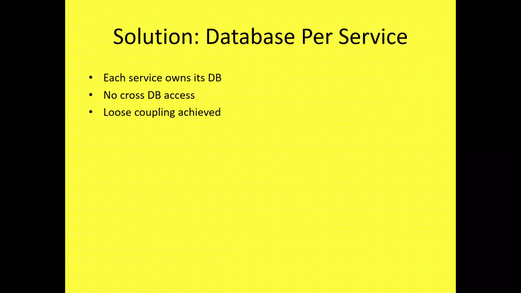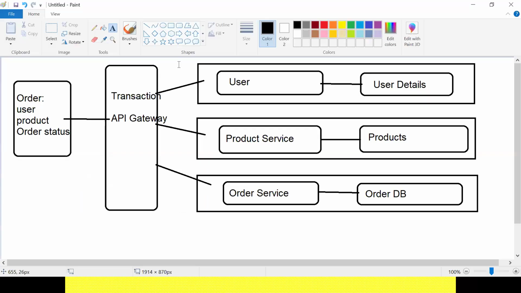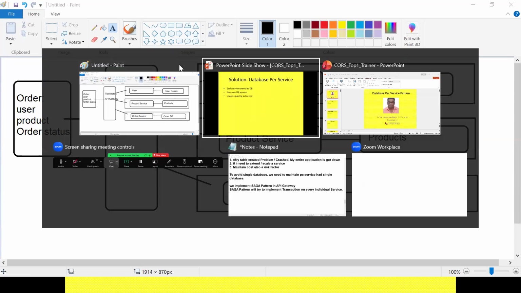And then the solution is each service owns its own DB. To avoid such situations, every independent service has its own DB, with no cross DB access. For example, if you look at the diagram, can the product service access the user DB? No, it should not.